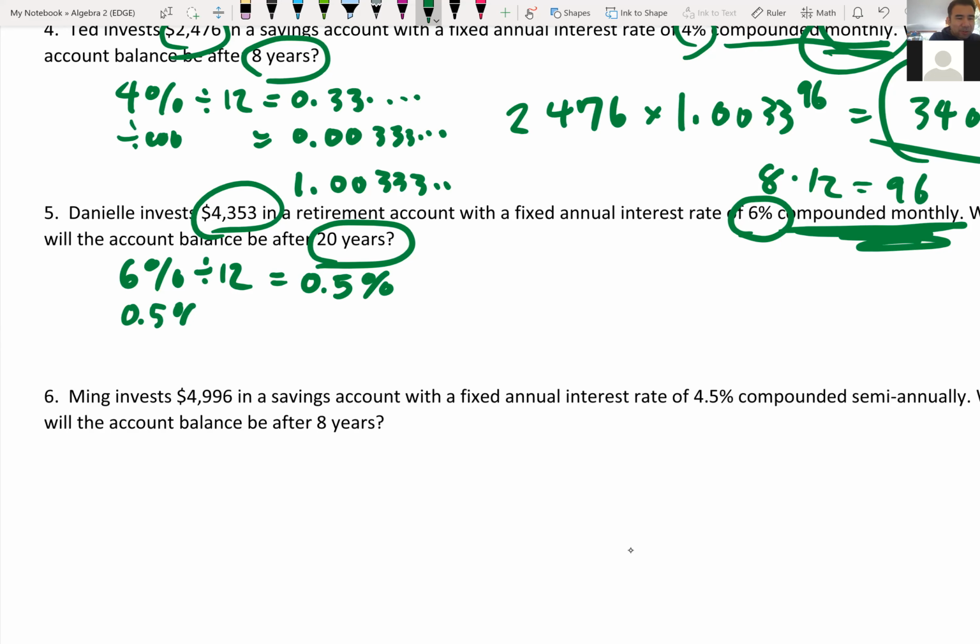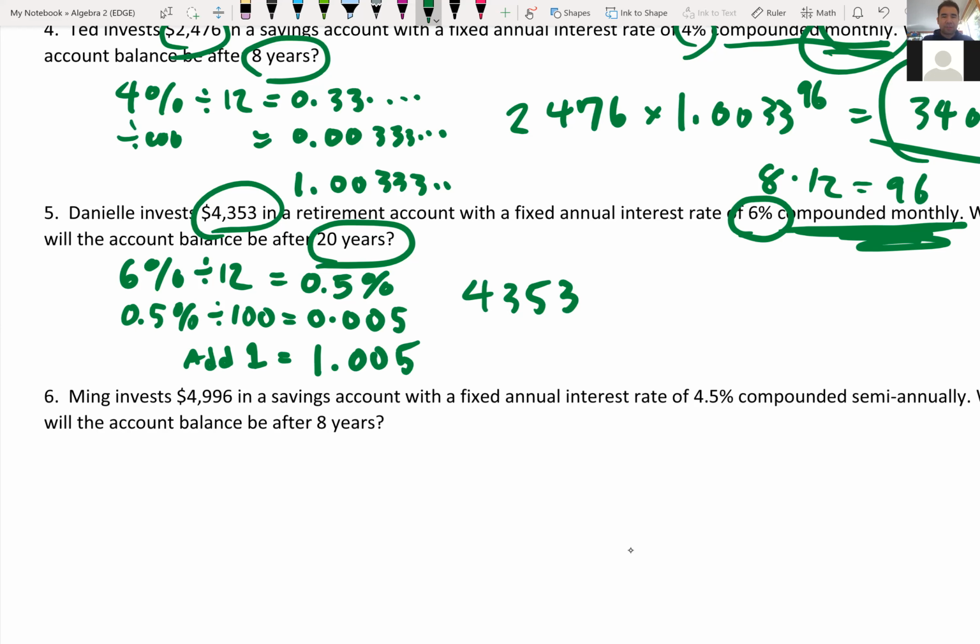Now we need to convert 0.5% into a decimal by dividing by 100. So it will be 0.005. Okay? And then we need to add 1. So 1.005. Is everybody with me? 4353, 1.005.